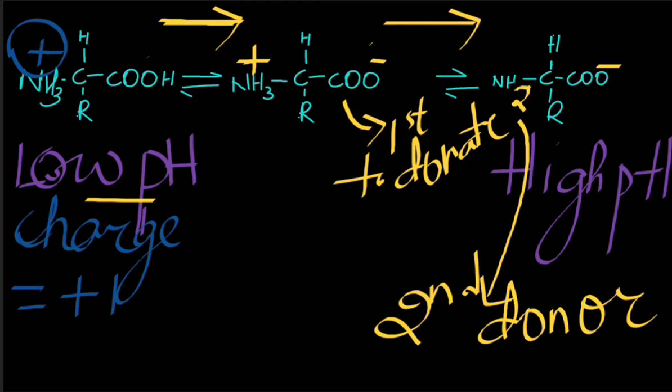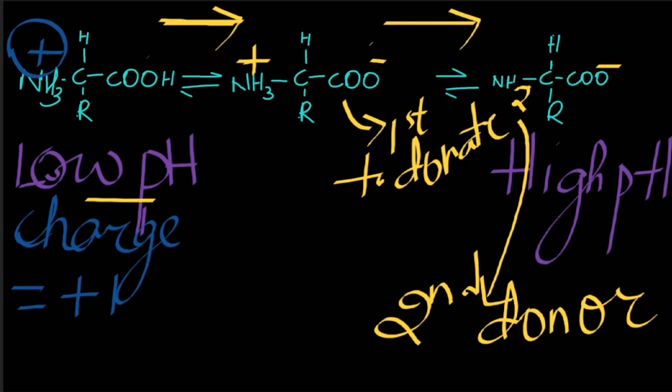Because we all know that nitrogen's valency is fulfilled if it is making 3 bonds, right? So if you're getting confused about how this is happening, you should go and learn the valency of carbon, nitrogen, carboxylic acid, all these atoms. You should know the valency of each and every atom. Then only you'll be able to understand this. But if you're able to understand this, well and good.